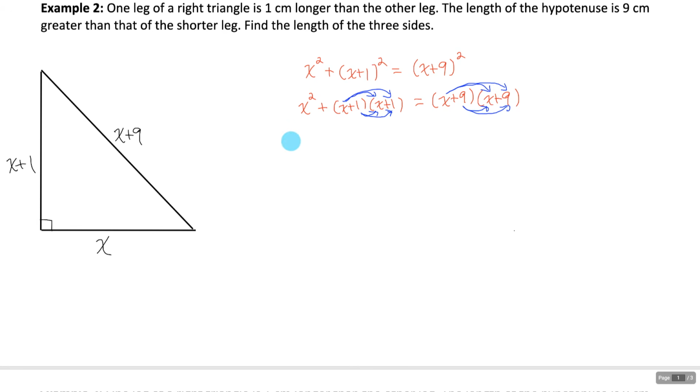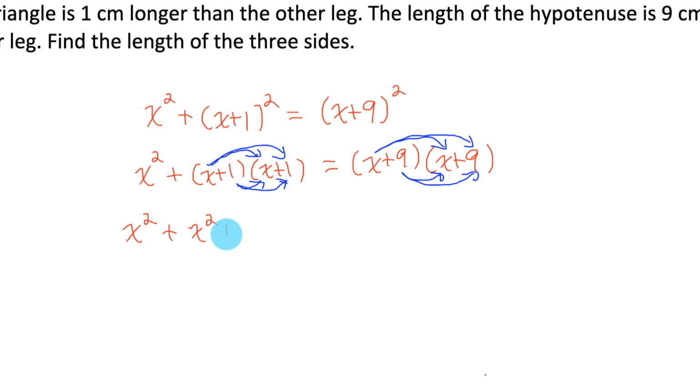And when I find all of those products, I would have x squared plus x plus another x plus 1 equals x squared plus 9x plus another 9x plus 81.